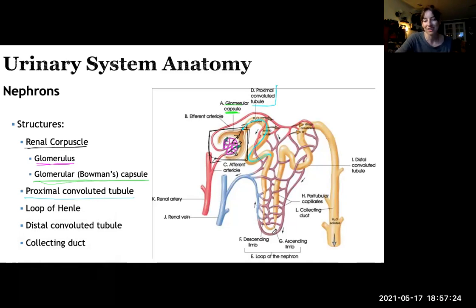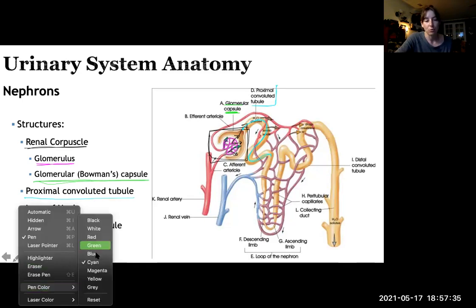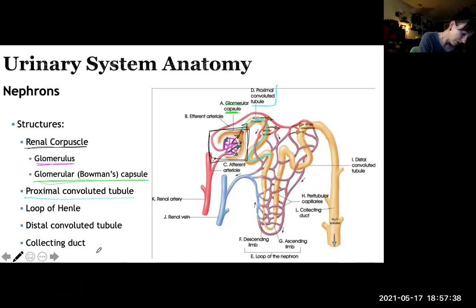you come across this long skinny part that extends down into the renal pyramid in the medulla and then comes back up. And we call it the loop of Henle, okay? You may see the two sides of it be referred to as the descending limb or the descending loop of Henle, and the ascending limb or the ascending loop of Henle, or it may be called the loop of the nephron, but whatever.